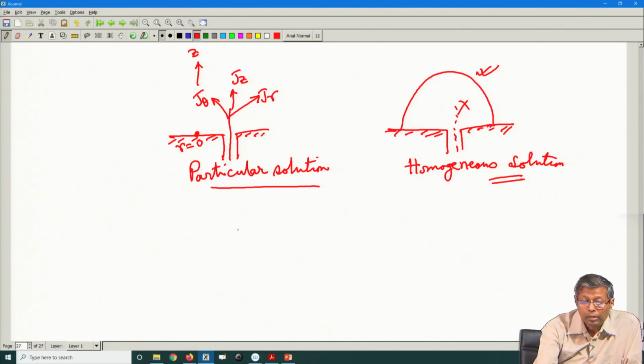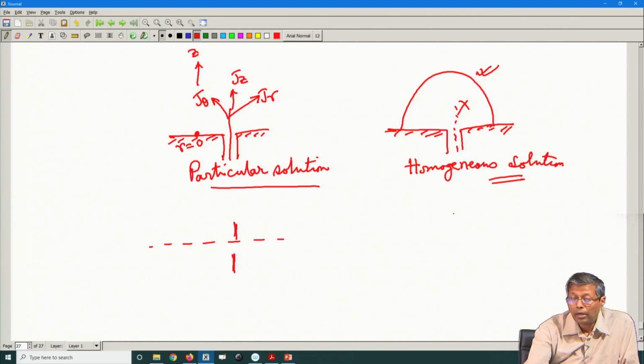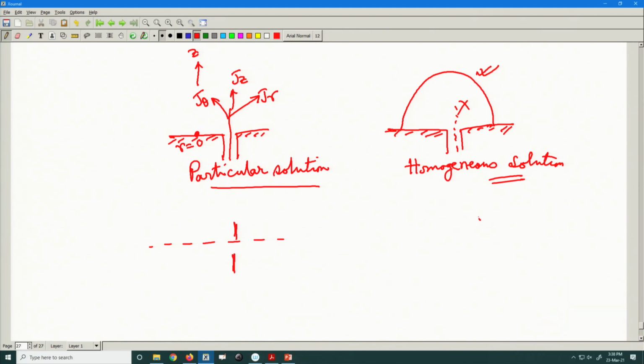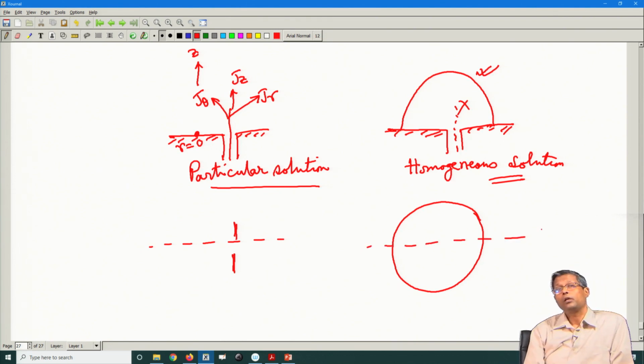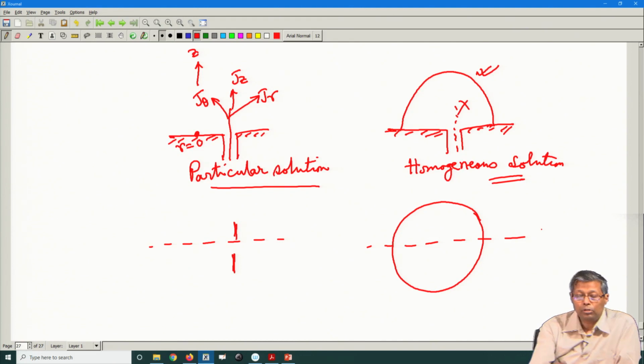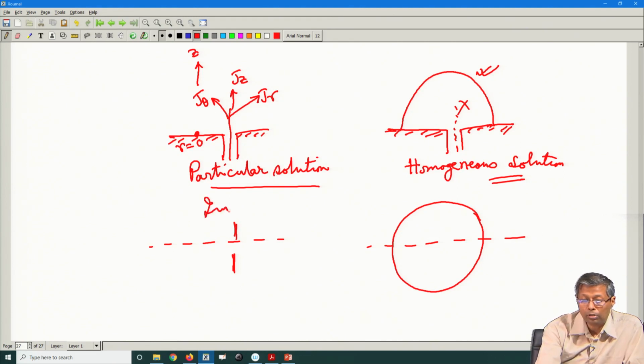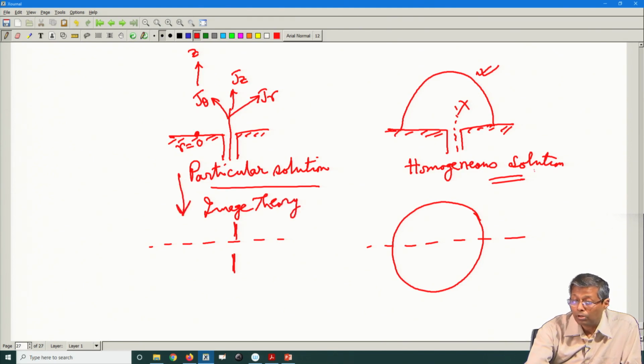In reality, this is the particular solution, removing the ground plane and applying image theory. This is the homogeneous solution, removing the ground plane and applying image theory. So, this is after applying image theory. From here applying image theory, from here applying image theory.